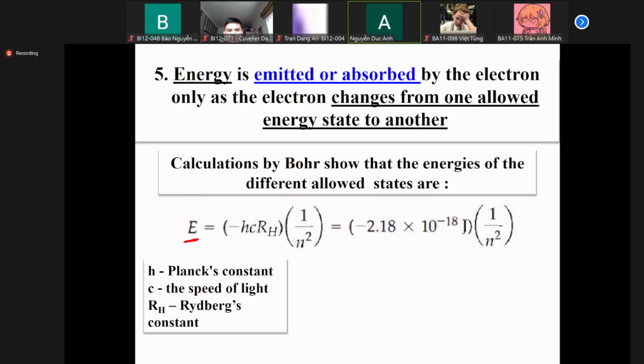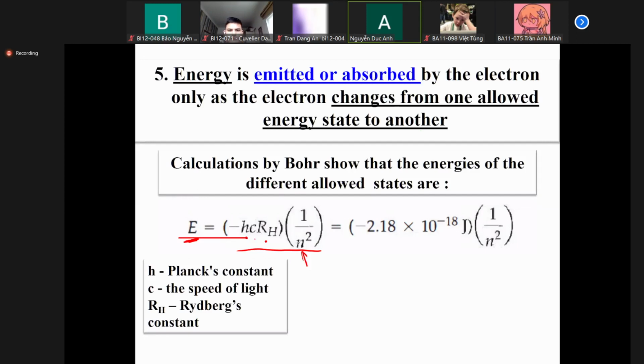The energy of the different energy states, allowed states, or different orbits in the atom can be calculated by this one. h is the Planck constant, c is the speed of light, R_H here is the Rydberg constant, and 1 over n squared, where n here is the number of the allowed state.